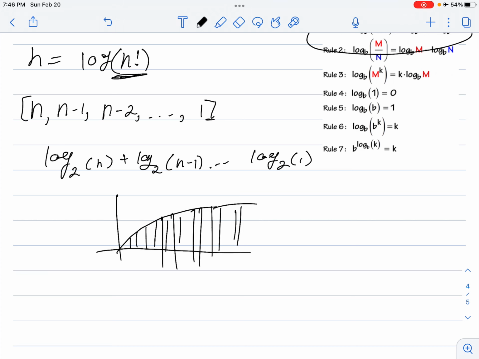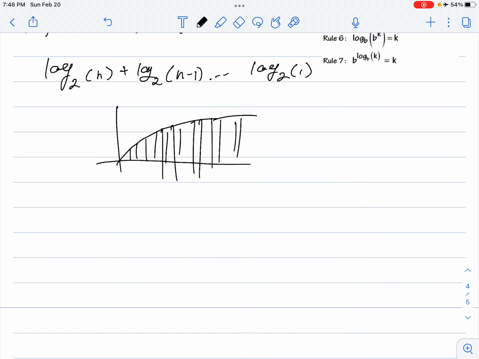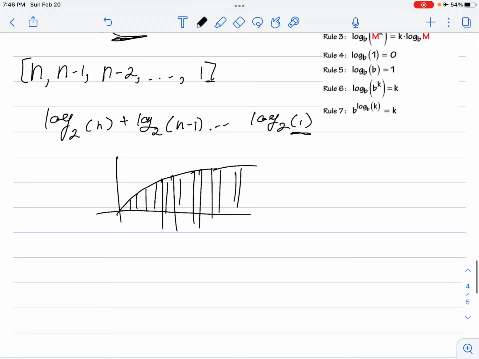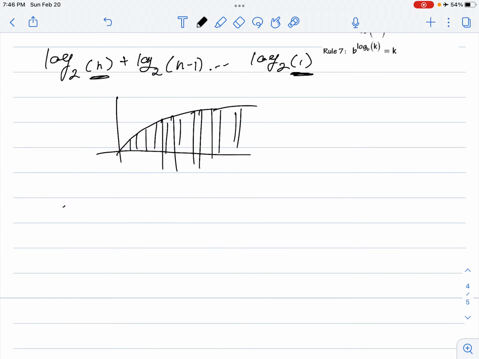So we want to take the integration of, well, it's going to be bounded because we want to go from 1 to n. So we'll do the integral from 1 to n of just log n, right?